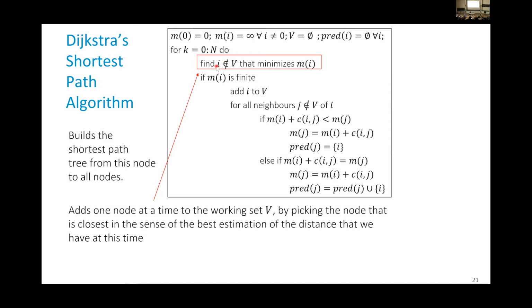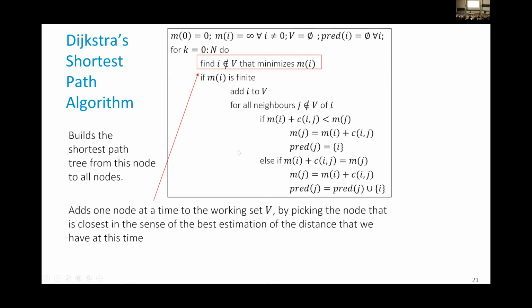It adds the node that was not yet added that minimizes M of I. So M of I is the estimate we have now to go from self, which is node 0, to node I. And these estimates are the estimates I have by visiting only the nodes that are already in the visited set. So that's a chicken and egg definition.